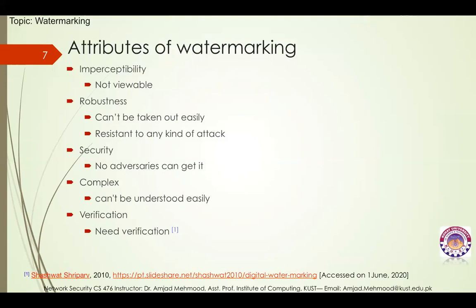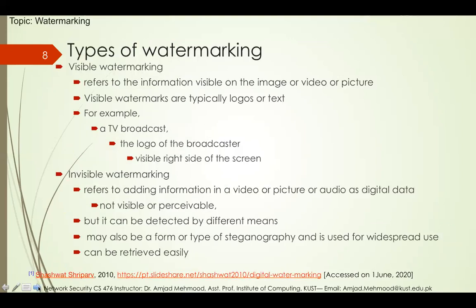Security means no adversary can get it, and the complexity means it cannot be understood easily, so the intruder will not be able to get that watermark information. Verification is needed before actual information is provided.